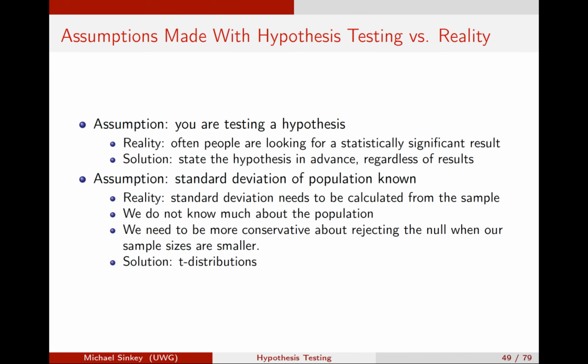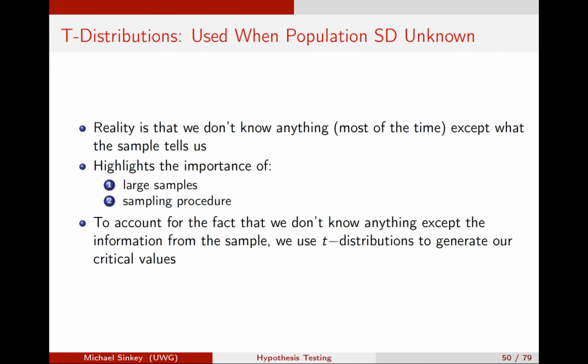But let's go back to this first comment about t-distributions, and this is what we're going to use when the population standard deviation is unknown. And just think about real life. So when you get out of UWG and you start a business, all you're going to know about your customers is the data that you obtain when they come into the store and make purchases.